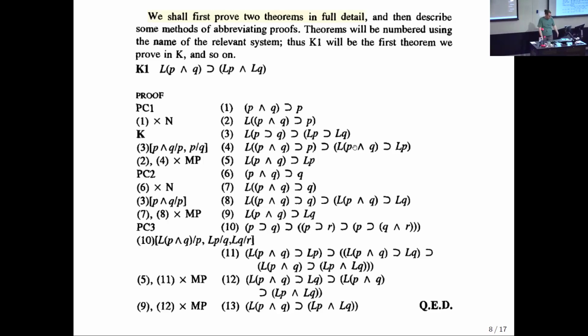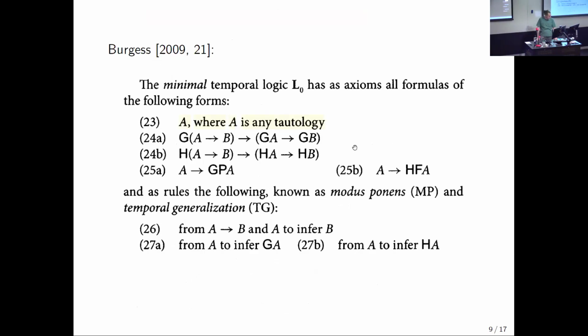But Hughes and Cresswell think it's a proof, not just an abbreviation of a proof. And as far as I'm aware, so does everybody who's read that book. I'm not aware of anyone saying, hang on, there's something wrong here. And John Burgess, in his book Philosophical Logic, does the same thing. In the context of tense logic this time, he says you can have as an axiom A, where A is any tautology. So you get the same issue.